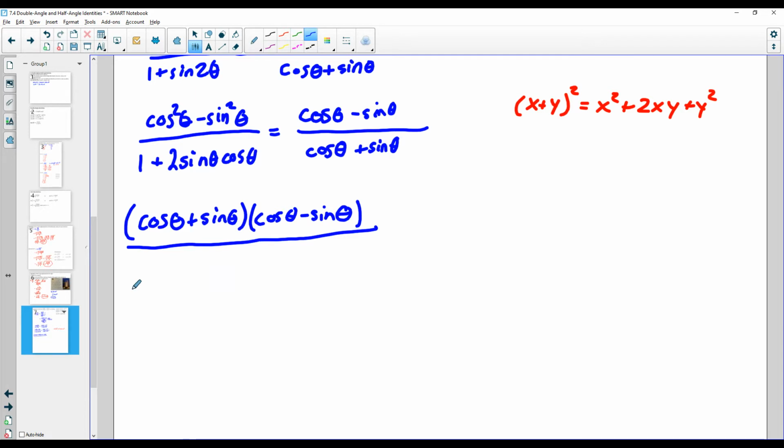So let's replace 1 with sine squared plus cosine squared, but I'm going to write it like this. So sine squared, and then instead of adding cosine squared, I'm going to add it at the end, plus cosine squared, right? I really just replaced 1 with sine squared plus cosine squared, but now I did it in this order here. So I think maybe now we can see the pattern.